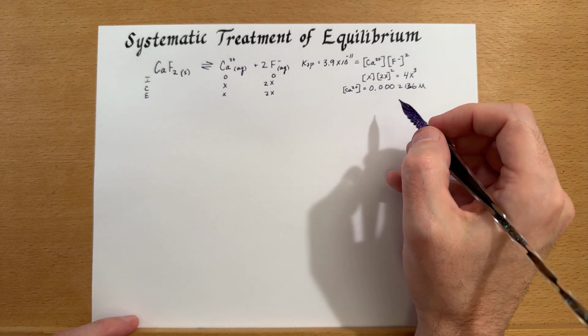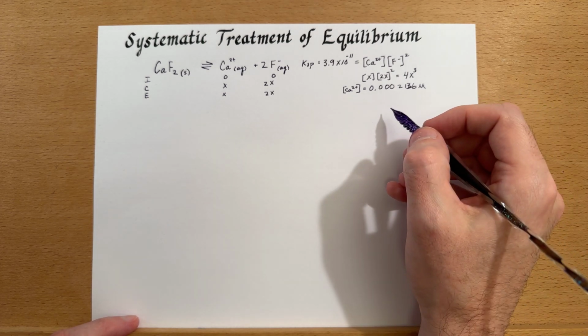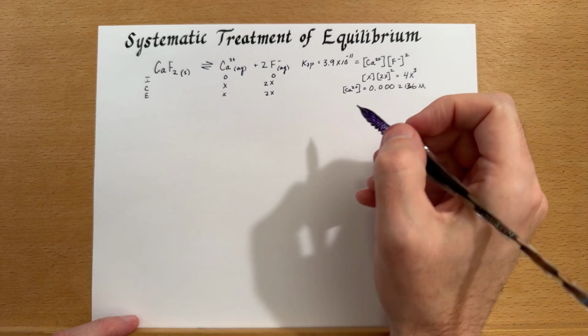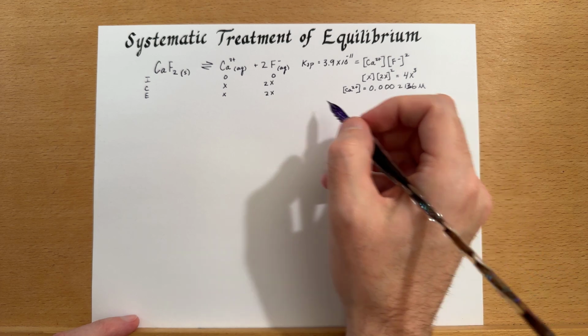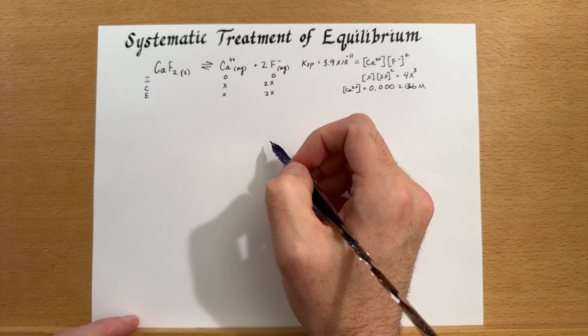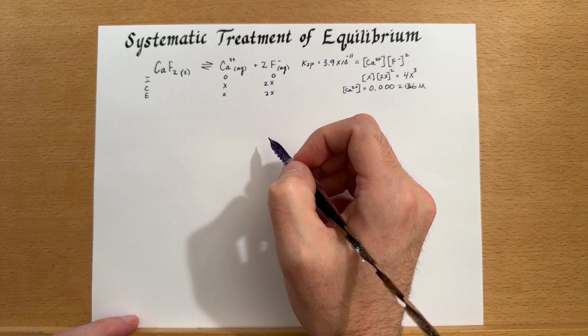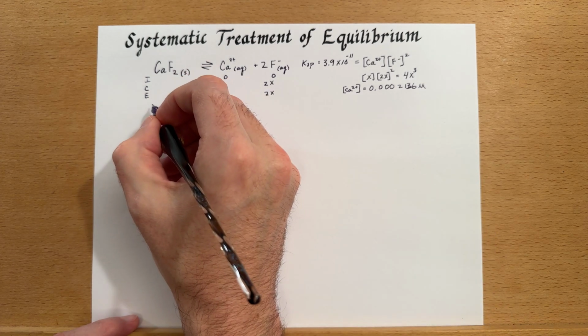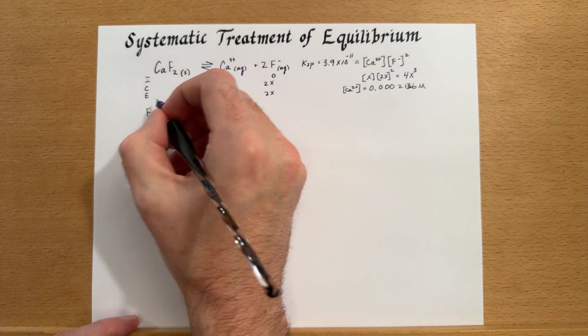Now you might think, oh, that's great. We have the answer for how much calcium is dissolved. But maybe you remember that fluorine can undergo an acid-base reaction, or I should say fluoride. And let's write that out.